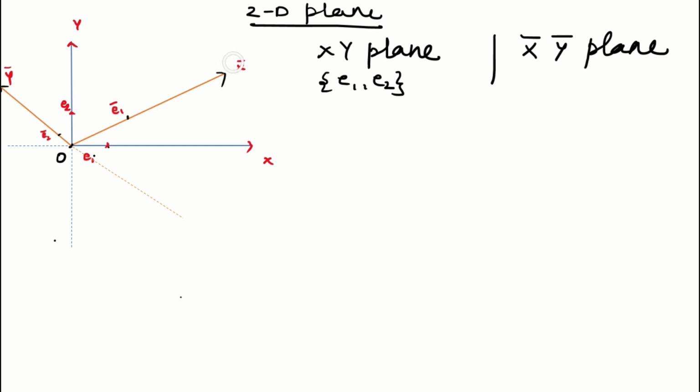So along the x bar axis I am taking the basis vector E1 bar. So E1 bar is a vector along the x bar axis, and it has length from O to this black dot. This much it has length. Okay, and E2 bar is from O to this much length, and it is along the y bar axis. So in the new coordinate system we have two basis vectors, E1 bar and E2 bar.